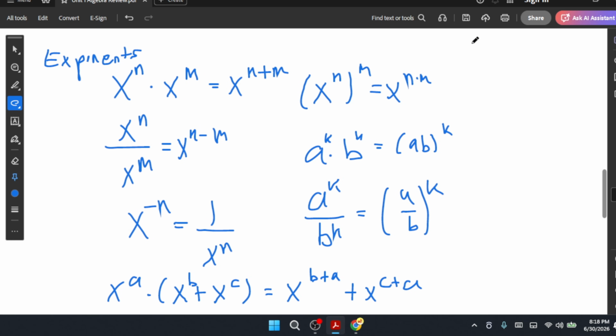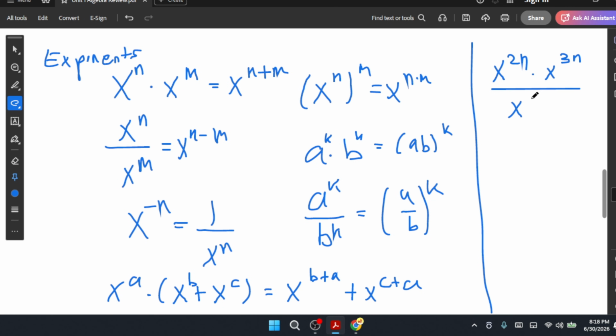Okay, now an example question would be: x to the n times x to the power of 3n over x to the power of n plus x to the power of 2n.